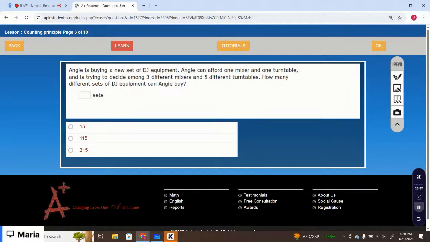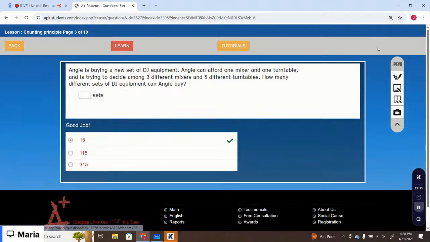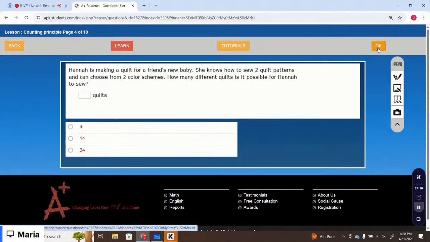Option number one is the correct option because you have three choices for the mixers and five for the turntables. So you have to do three times five. That makes 15. Option number one is the correct option.